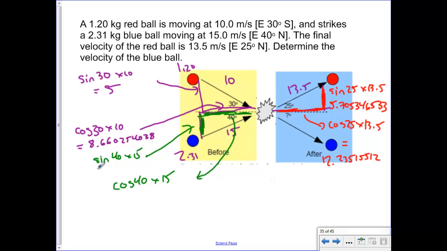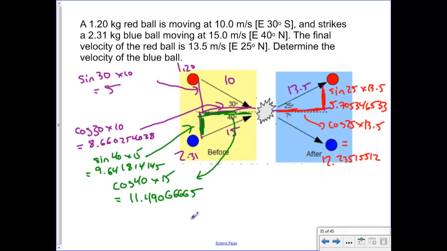Sine 40 times 15 is 9.64. Okay, I think I found all 6.